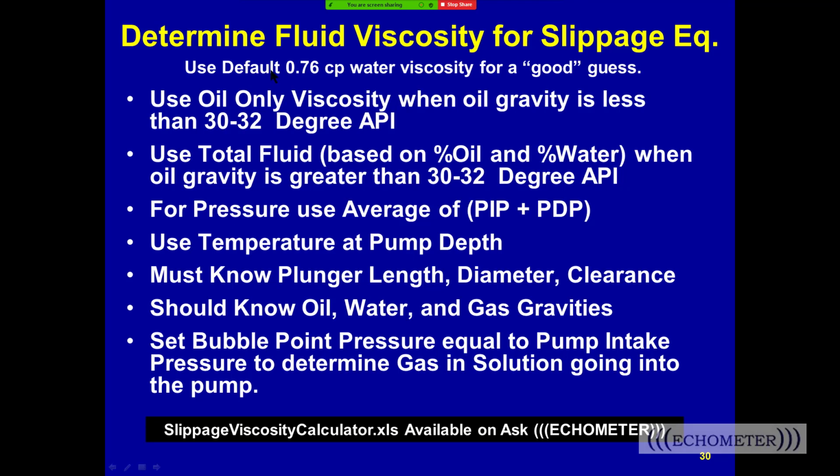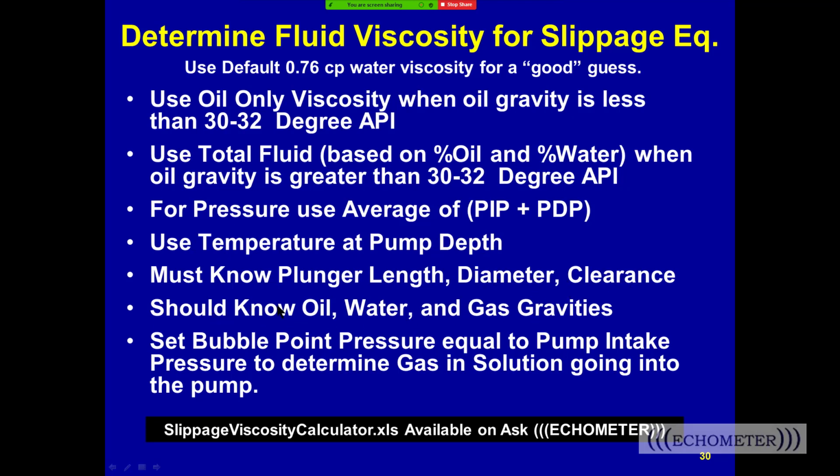It says that it's a good guess for most cases, and that's what we've seen. Use only the oil viscosity when you're less than 30 to 32 API gravity. Use the total fluid viscosity when you're greater than 30 to 32 API gravity. Use the average pressure. Use the temperature of the pump intake. You need to know the plunger length, diameter, and clearances.